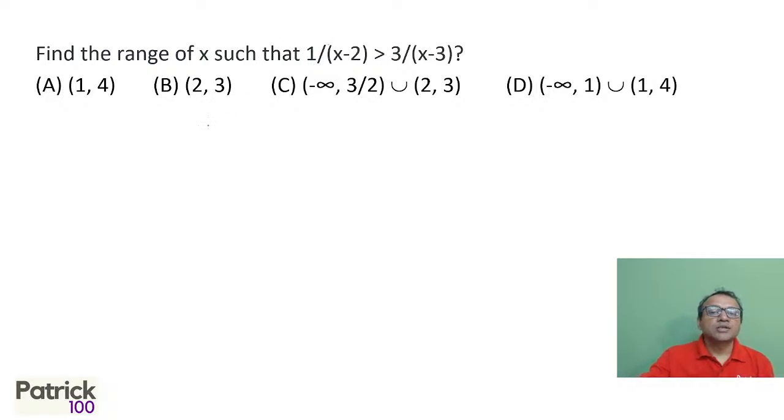So if I say this, you can make it as 1 upon x minus 2 equal to 3 upon x minus 3. Normally what I say is you substitute the option and it has to be equal on both the sides.